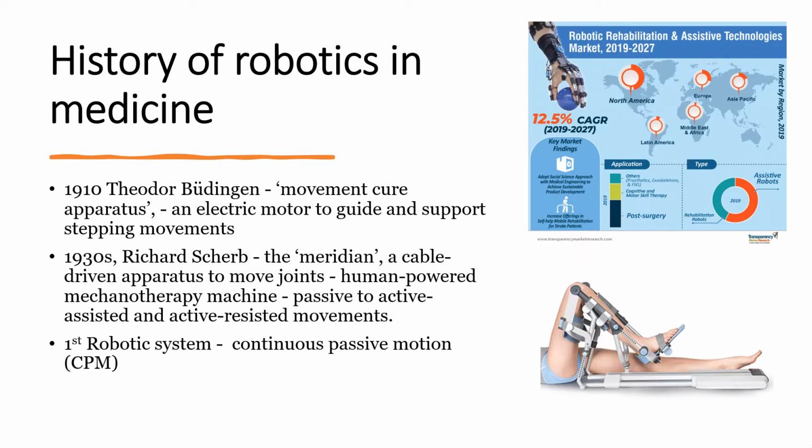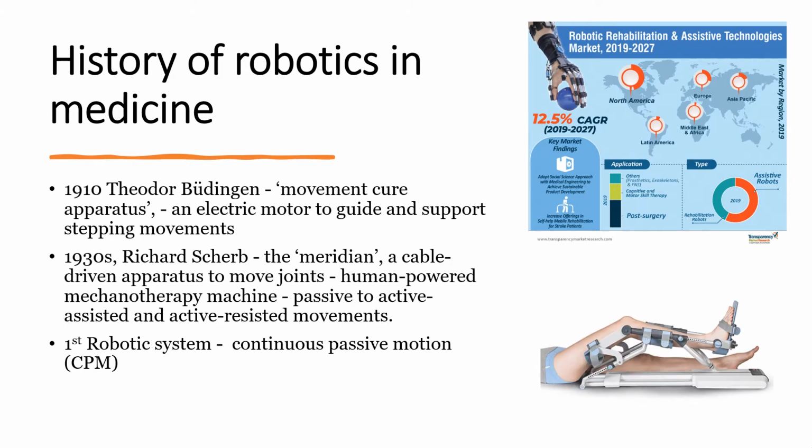Robotics is not new in medicine. In 1910, Theodore Büdingen patented a concept for a movement cure apparatus, which uses an electric motor to guide and support stepping movement in patients with cardiac disease.